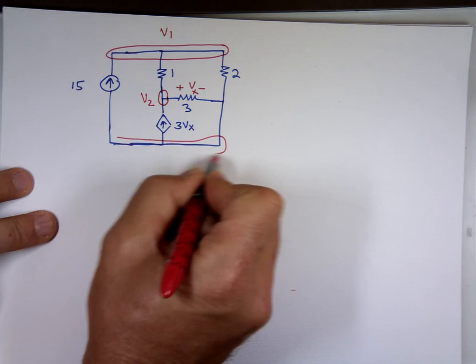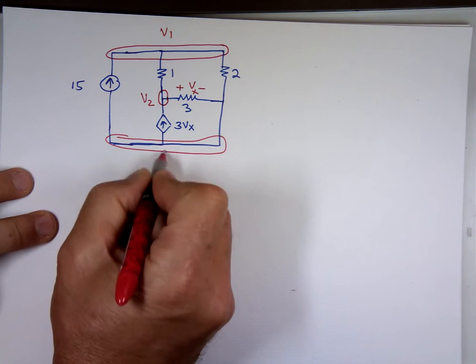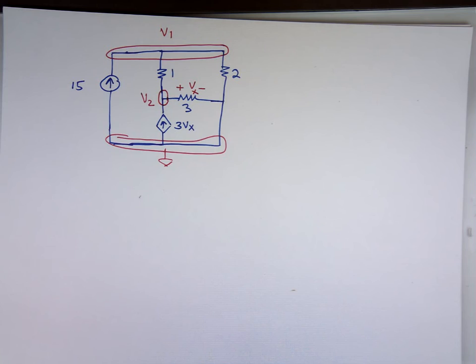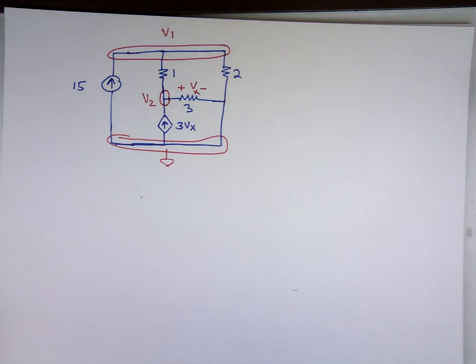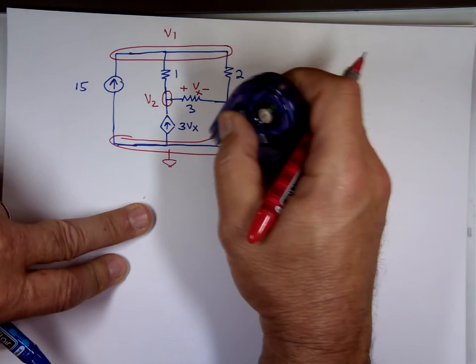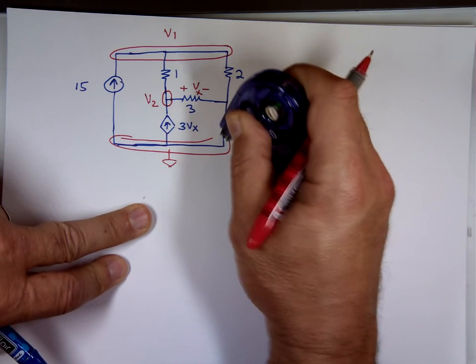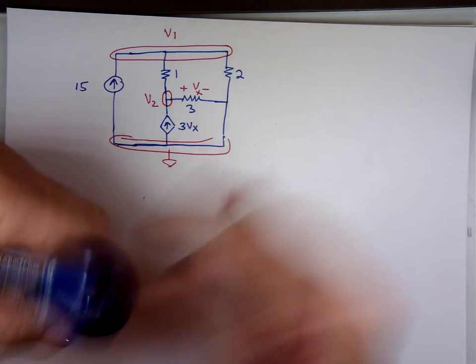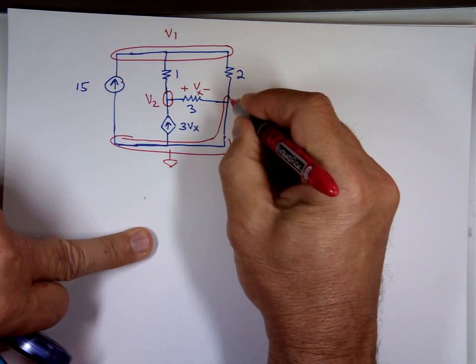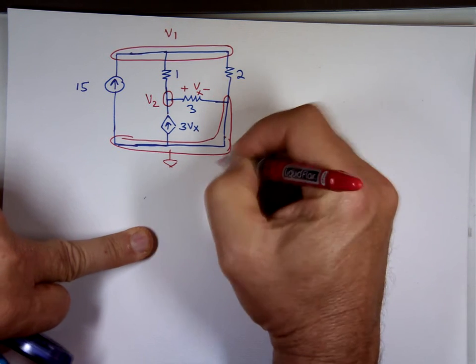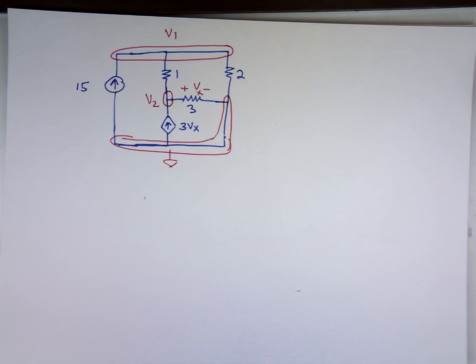Between 2 and 3? No, that's actually going up there too. That's the same node. Remember, there's a wire connecting this. That's all the same node. If there's no element between them, it's still the same node. So all of that is your ground.